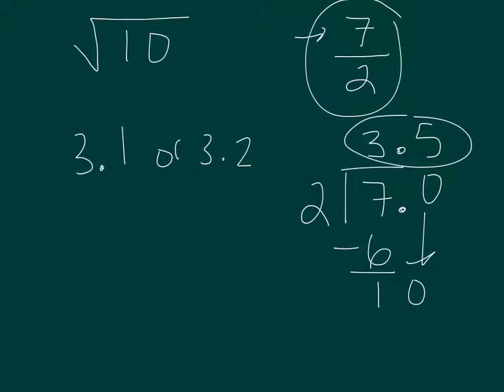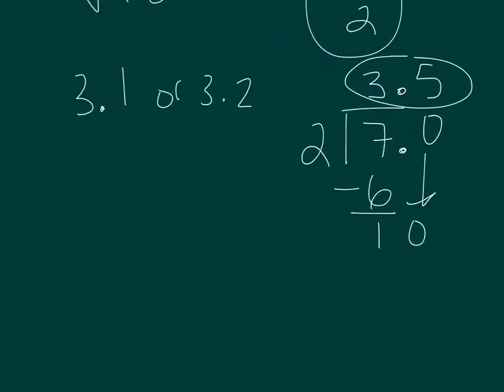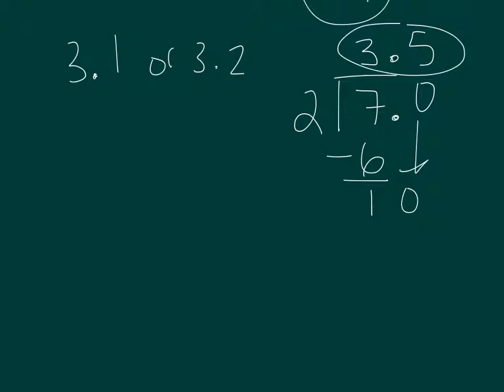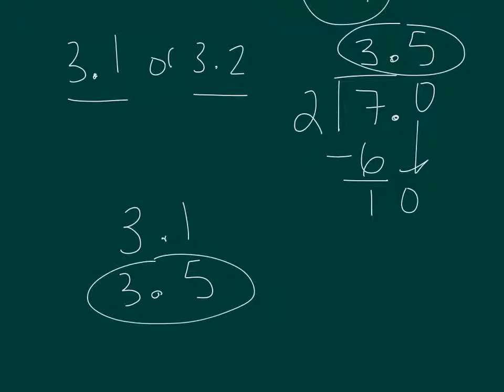So now I want to compare my two numbers. We said for the first one it was 3.1 or 3.2. We can take either of those numbers. Let's take 3.1, and I want to compare that with 3.5. Which number is larger? Well, 3 and 5/10 is larger because the 5 is larger than the 1 in the tenths place value.